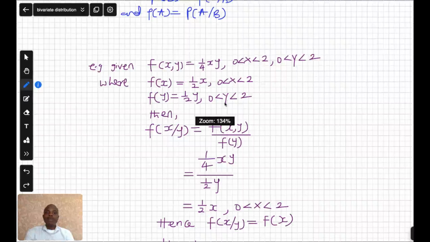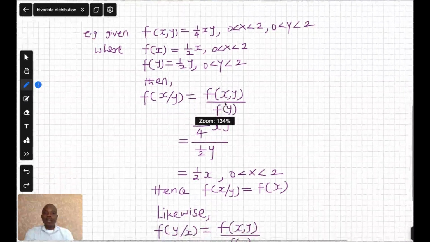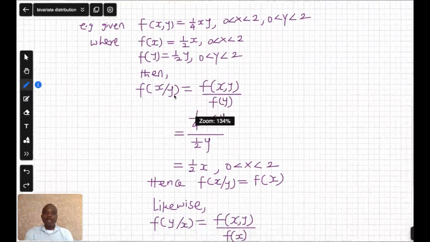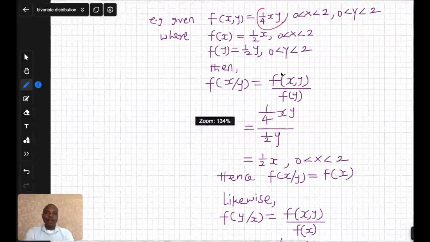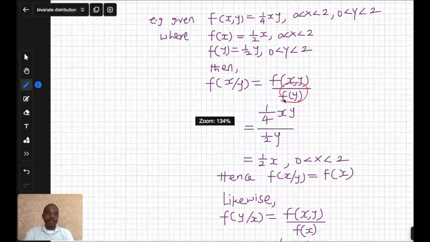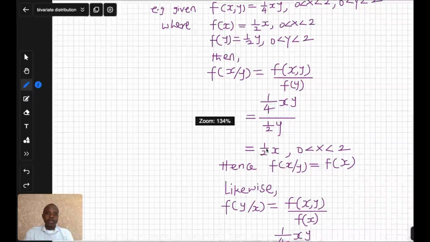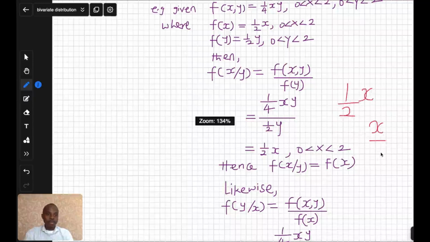In this case, we will have f of x given y to be 1 over 4 xy divided by f of y, from here, and that will result in 1 over 2 x. Mind you, x is not in the denominator. What I've written here is 1 over 2 multiplied by x, or you just have it as x over 2, the same thing.